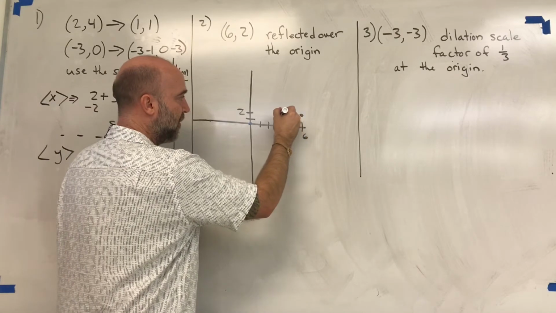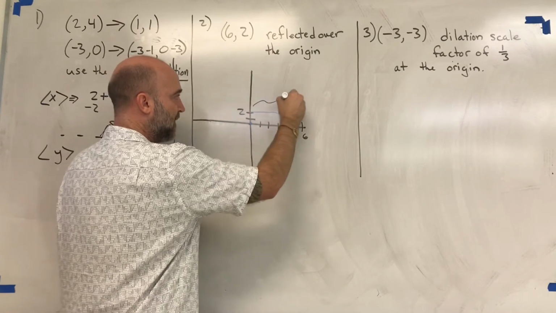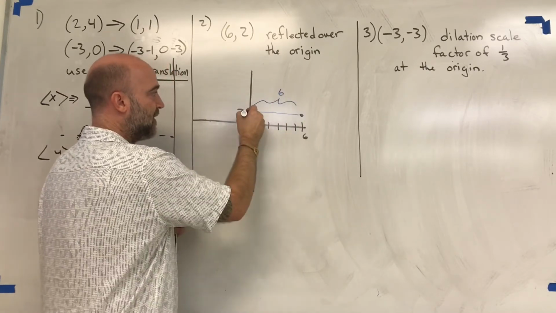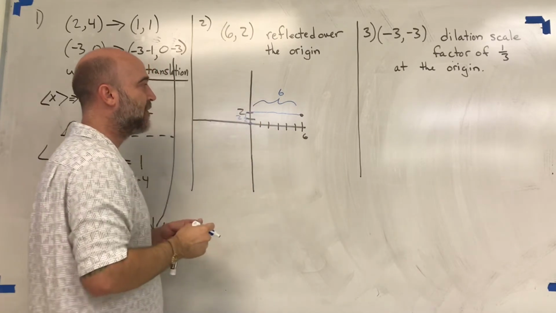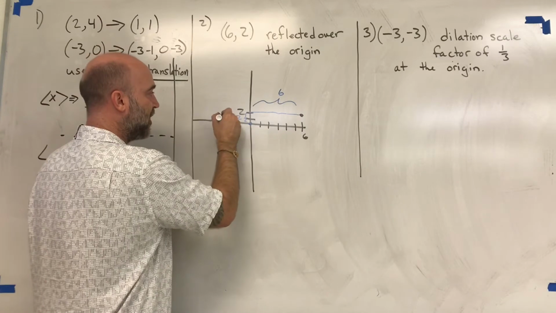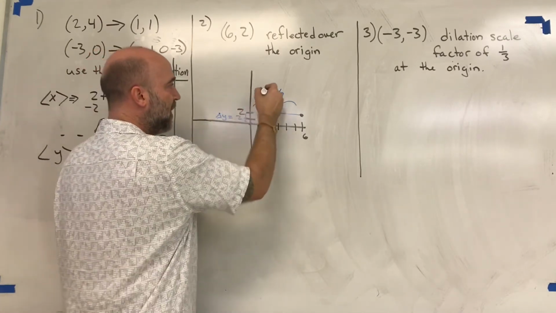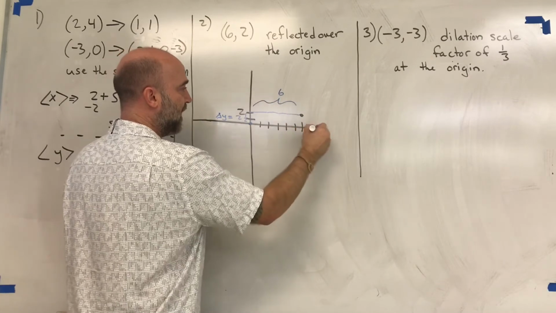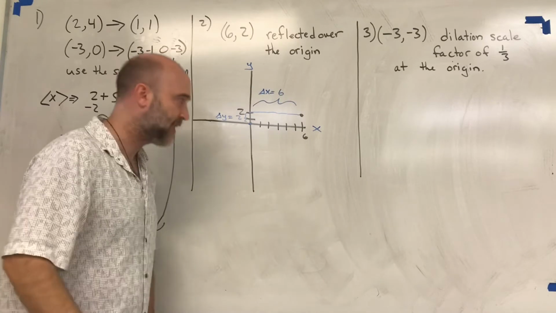So this is 1, 2, 3, 4, 5, 6. So that's a distance of 6 right there. This distance right here, 1, 2, is a distance of 2. So the change in Y, that's a delta Y, is 2. The change in the X was 6.